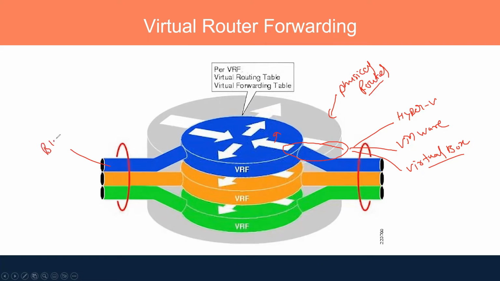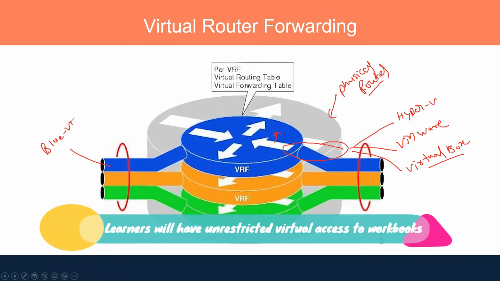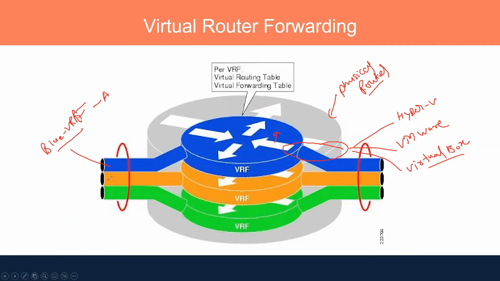So blue VRF is for customer A. This VRF is dedicated for customer B, and this VRF is dedicated for customer C. So we have different VRFs where routing would be different. Whatever infrastructure is connected over here, their routing would be different. That we are going to learn in the VRF phase.